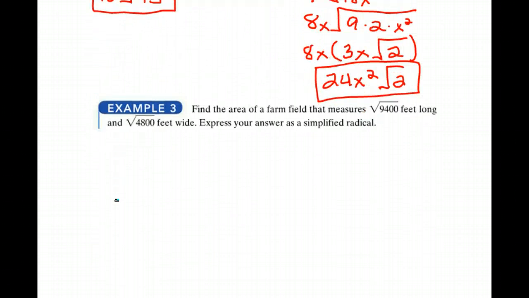Example 3 is a real-world example that tells us that the area of a farm measures square root 9,400 feet long and square root 4,800 feet wide.